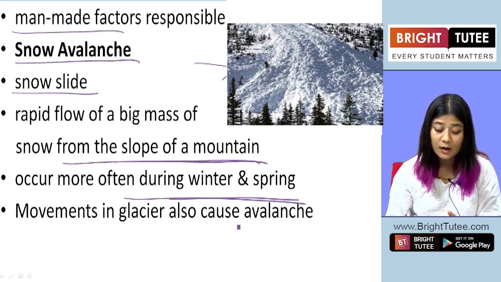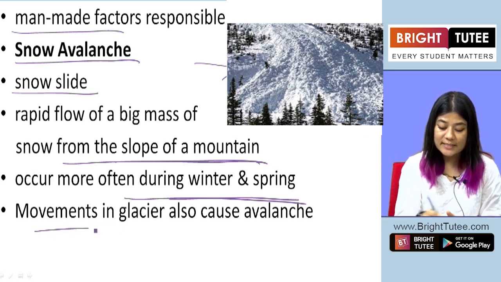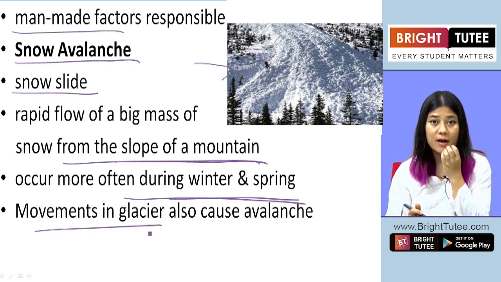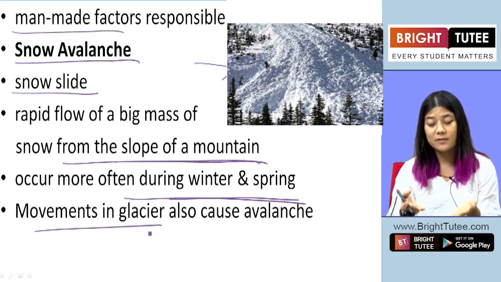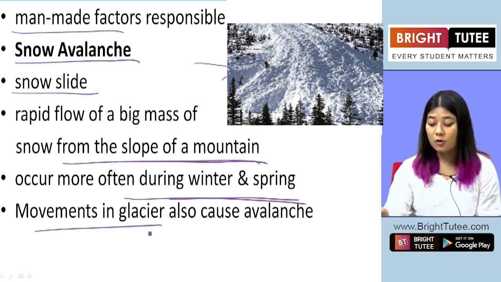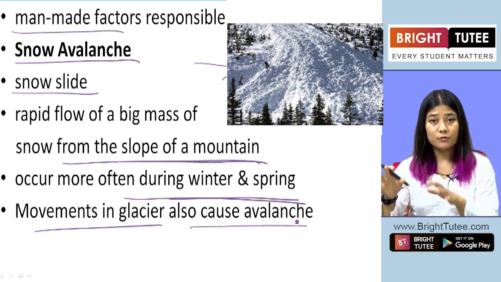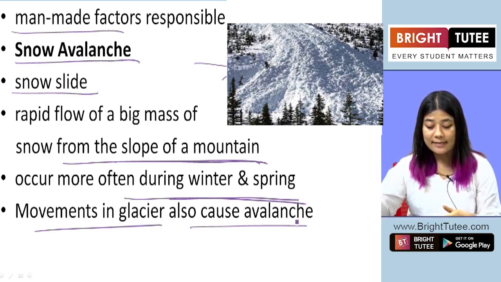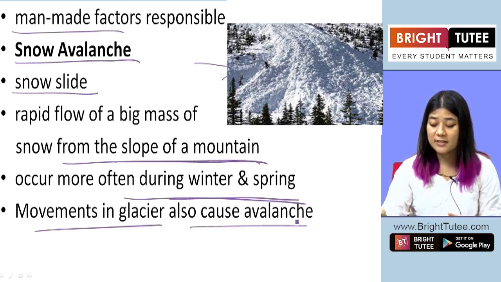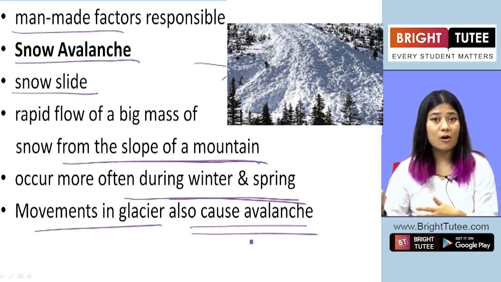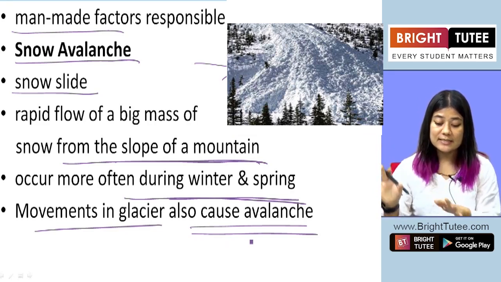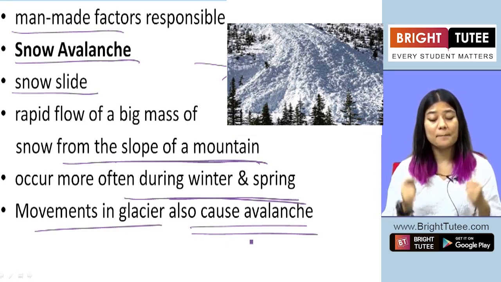Sometimes movements in a glacier, the slow moving ice, in the mountains also cause disturbances to the mountains which stand next to it, and that causes a snow avalanche, a huge chunk of snow sliding off the slope of a mountain.